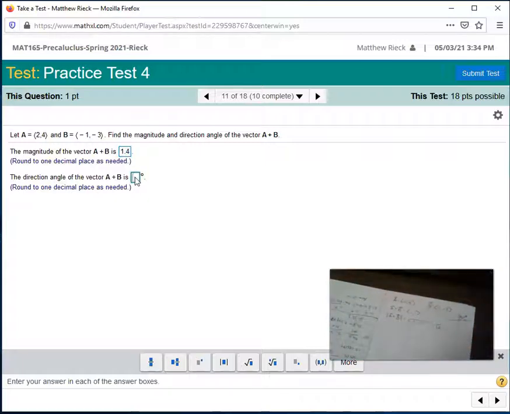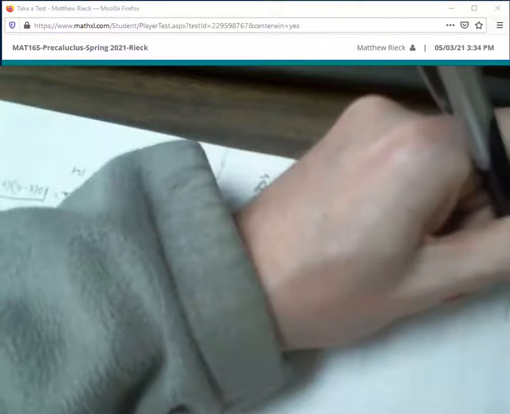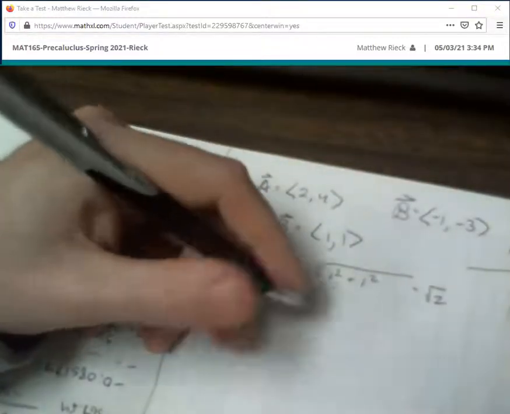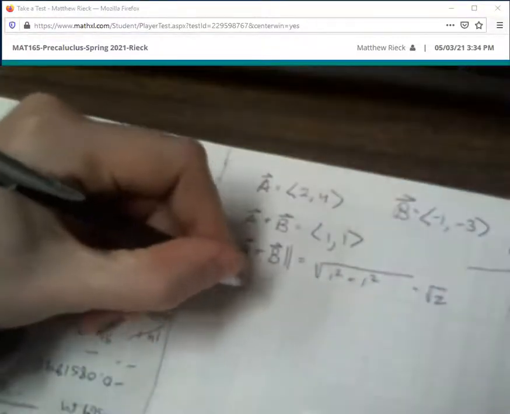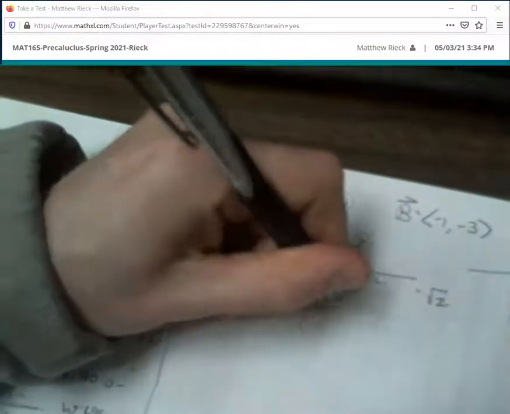All right. And then for direction, we just need to find this angle, we'll call it alpha. All right, so in this case, we're going to use the inverse tangent. So we have the inverse tangent of 1 over 1. So you have the inverse tangent of my opposite divided by my adjacent.